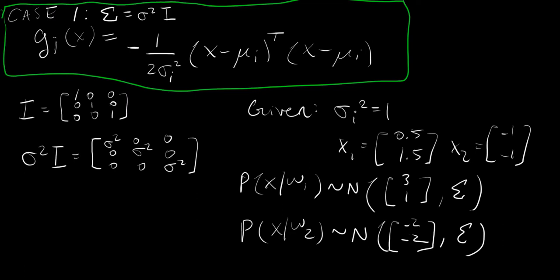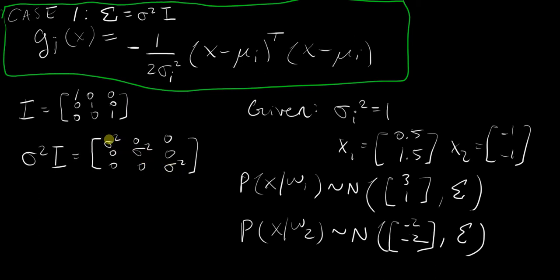For case 1 of two cases, the covariance matrix is equal to the variance times the identity matrix for all of the classes. So the identity matrix just looks like this. It's a diagonal of 1s from the upper left to the bottom right. So you have case 1 if your covariance matrix is of this form. You just have some kind of scalar value multiplied into it, and it's a diagonal like this.